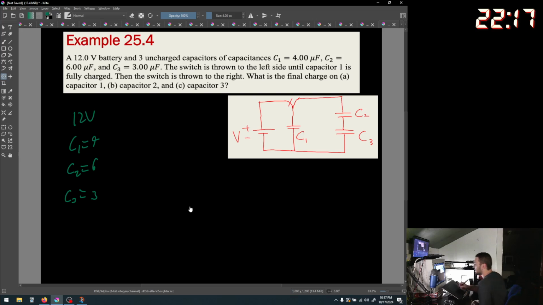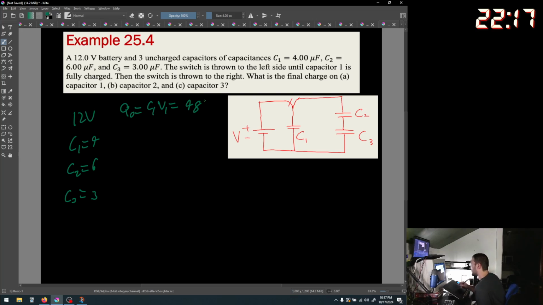So Q0 equals C1 V1, which is 12 times 4, which is 48. Okay, we know that's 48.